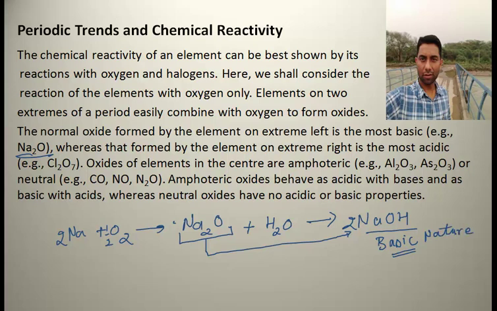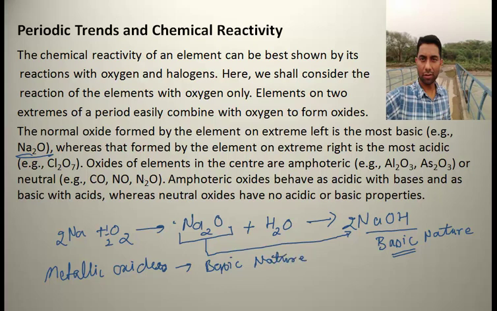So this is basic in nature. So all the metallic oxides are basic in nature. This is the property you have already studied in your junior classes, basic nature, right?